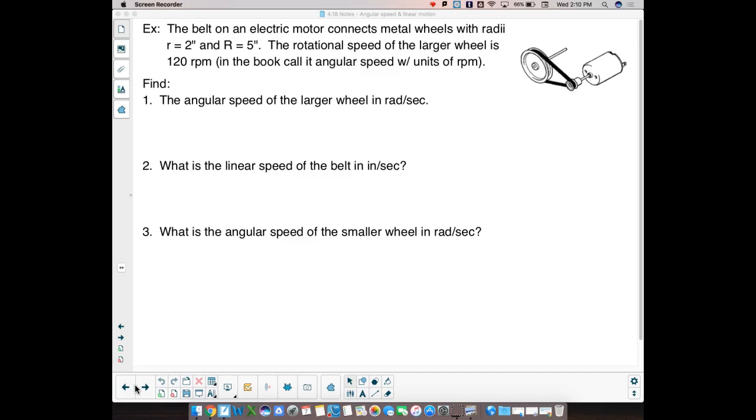That's what we're dealing with today. We're going to deal with this kind of circular motion today.